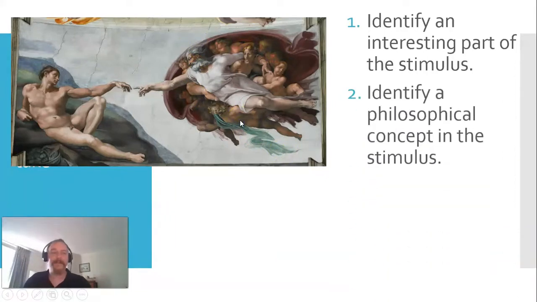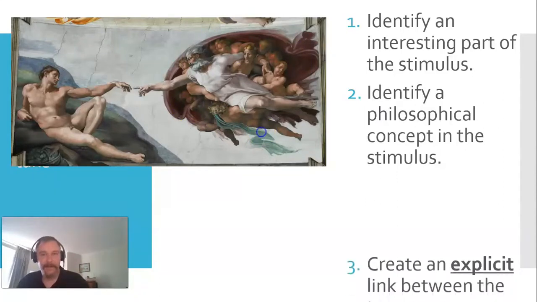All right, identify a philosophical concept in the stimulus. Well, this is God creating man, yeah, in his own image, supposedly. Now, this could be the image of like we look like God. God's a dude with a beard, but I kind of like this idea of, this is the mind, right? This is the brain. And so the part of us that's in God's own image is the mind.